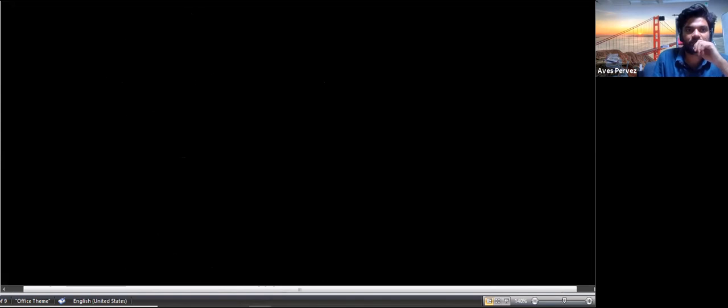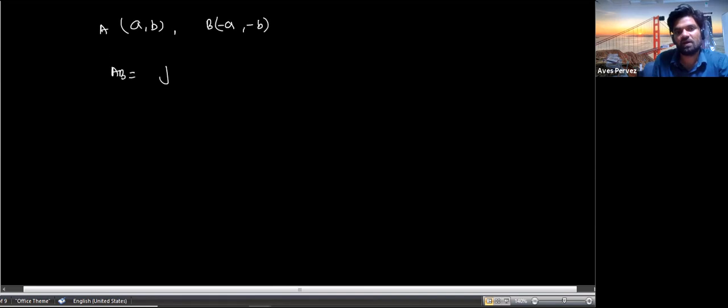That will be the under root of, we have a comma b and another one, this is the A point and this one is the B point, that is minus of a and minus of b. So what would be the answer? The distance between these two points will be under root of, consider this one as x2 and this one as y2. It is your choice, you can consider any one as x1, y1, x2, y2.